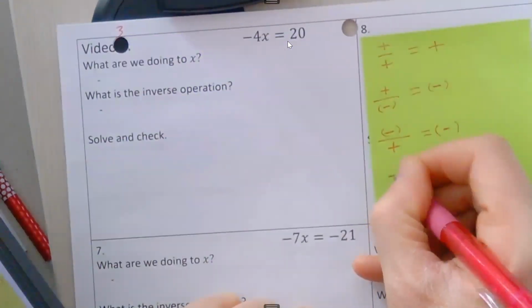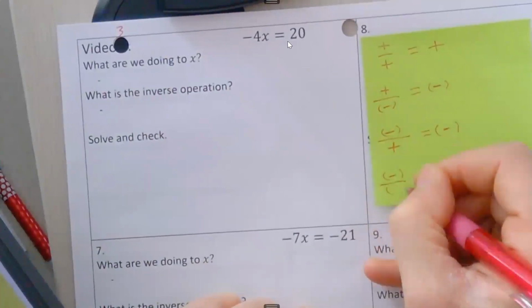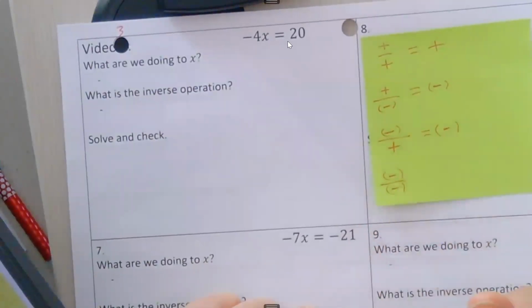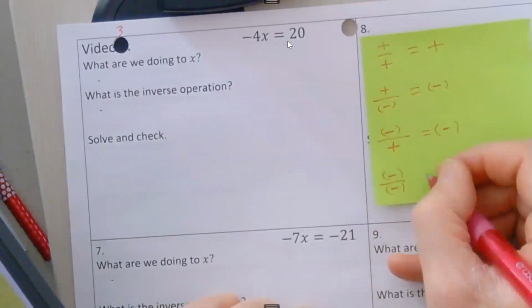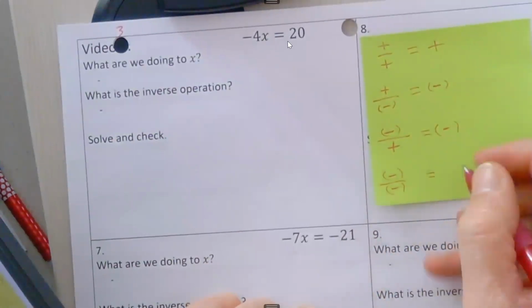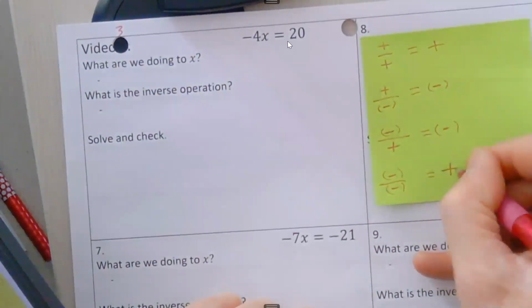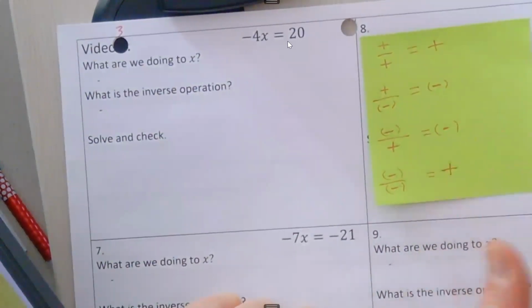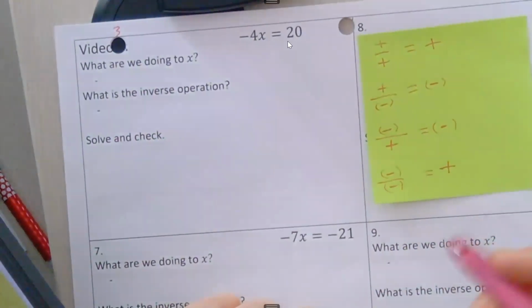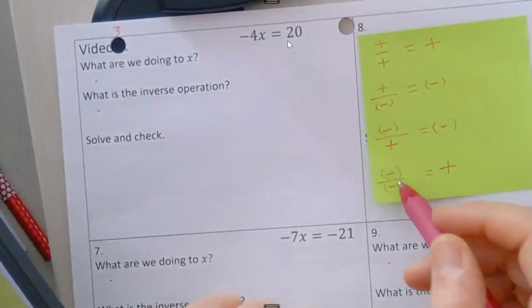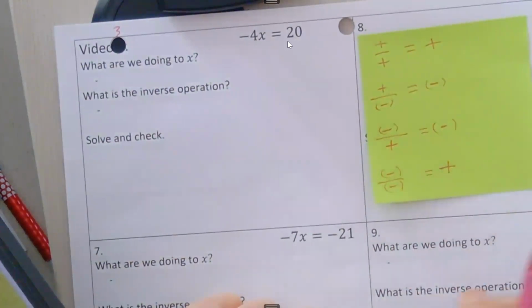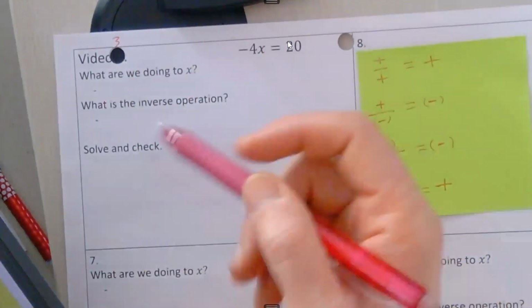Finally, if we start with a negative number and then divide by a negative number, so two negatives, we get a positive. This is what they're talking about when they say two negatives make a positive. They're not talking about adding and subtracting. They're talking about multiplying and dividing. When we multiply and divide, two negatives make a positive. Okay, cool. Thank you for that.